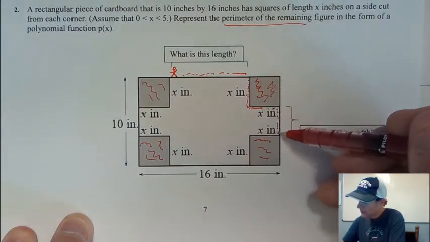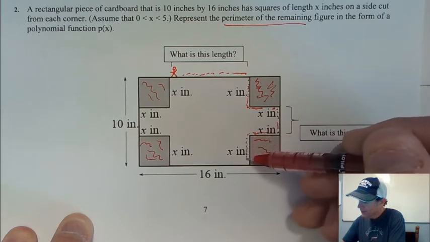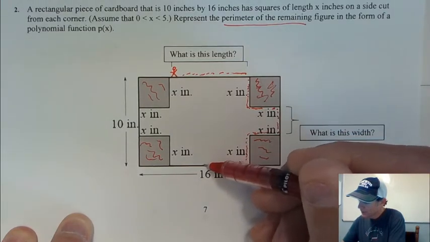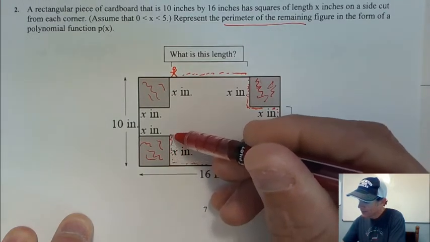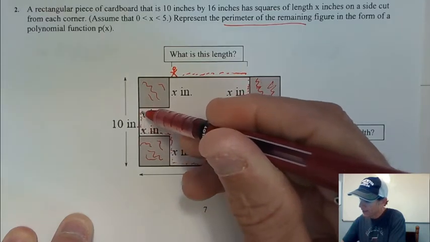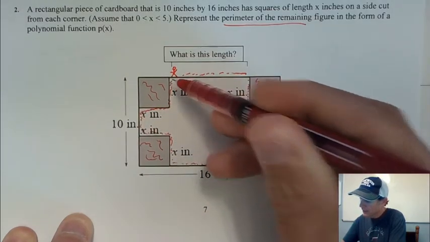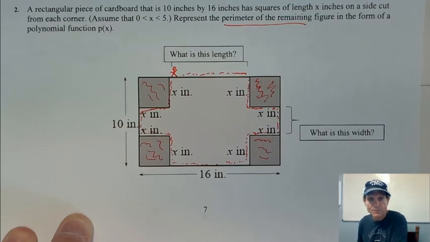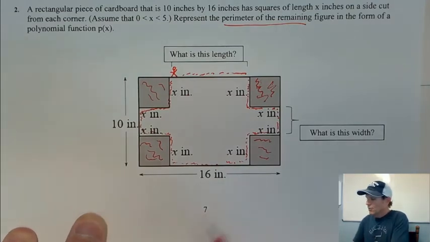I just keep walking around like this, and you kind of get the idea. I'm not going to walk around those pieces that are cut out, and then I come back right where I started.